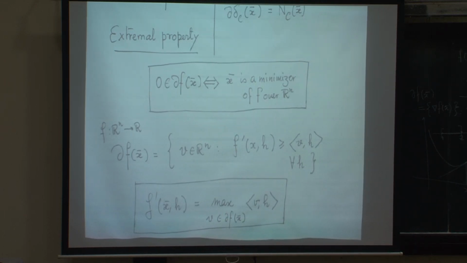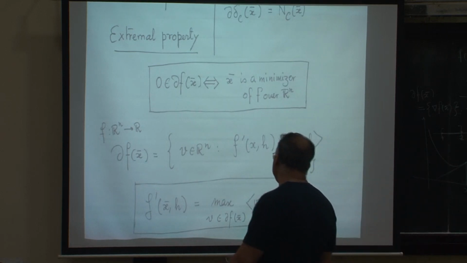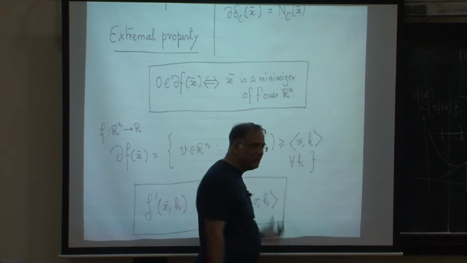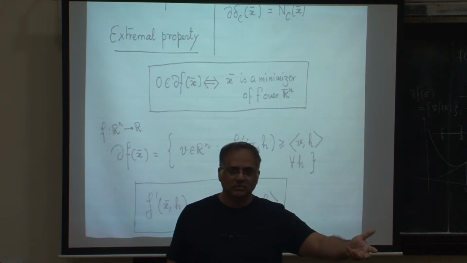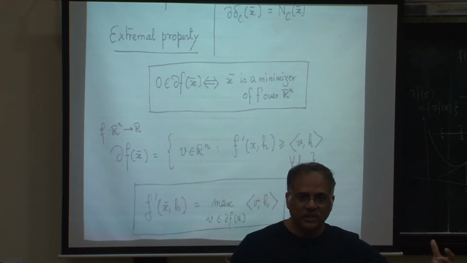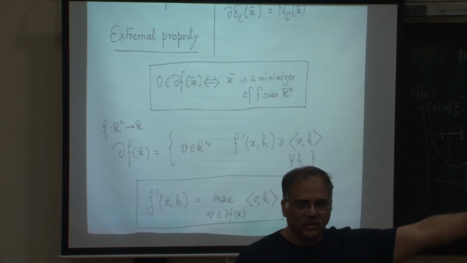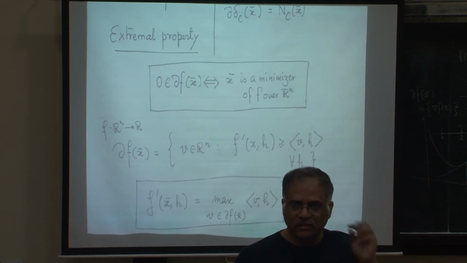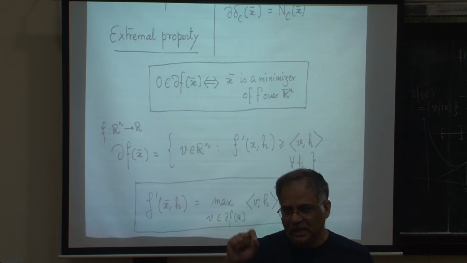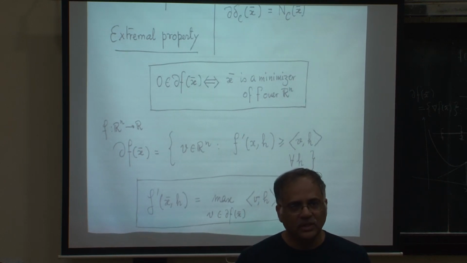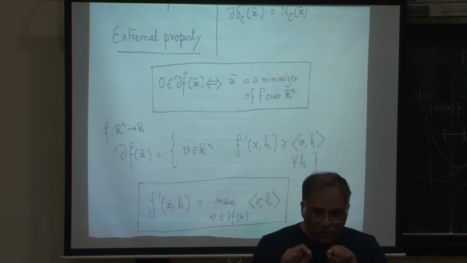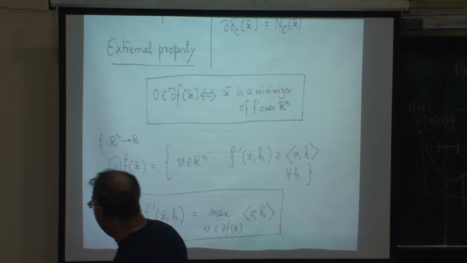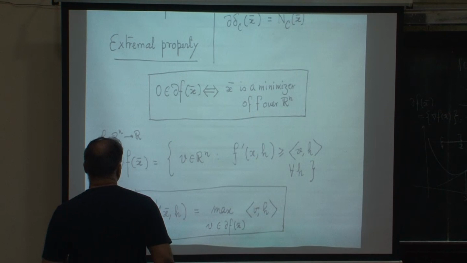But in the convex case, how is the directional derivative linked with the subdifferential, because the subdifferential is now playing the role of the gradient? You see the paradigm shift: instead of a vector, you have a set. Instead of the standard equation grad f x bar equal to 0 for minimization, you have 0 an element of del f x bar. So, your equality is changed to an inclusion, and that is the paradigm shift.